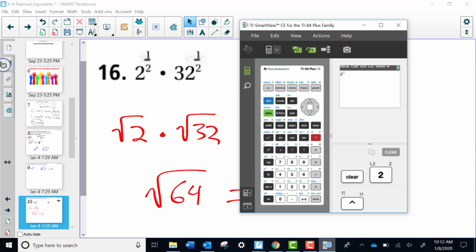So now we can enter characters in the exponent. And to write a fraction, we hit alpha y equals. Enter. And then we'll just enter 1 over 2. Times 32. Hit the caret button. Alpha y equals, 1 over 2.